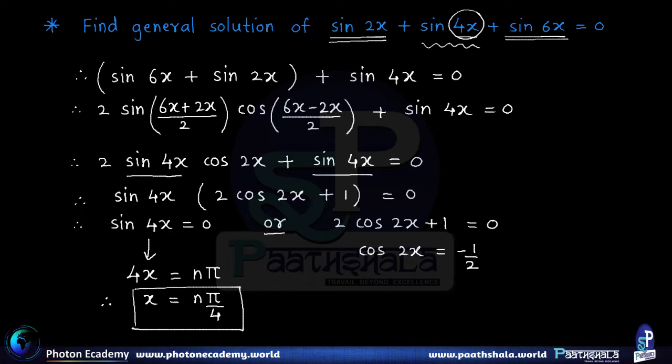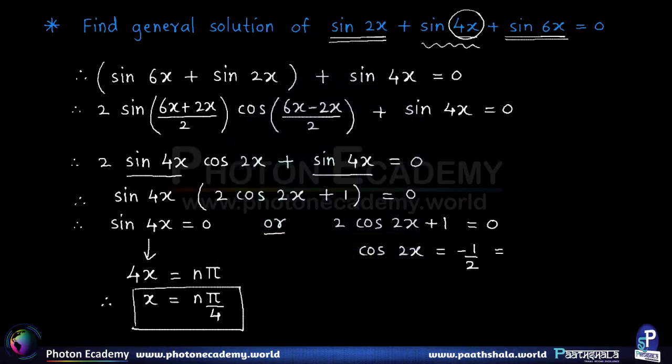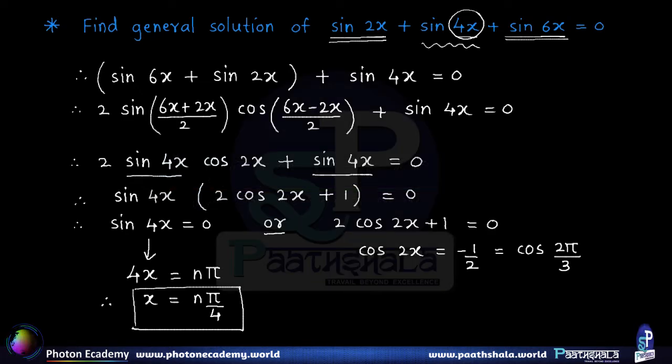Or the second possibility is, if you remember, it is cos 2x equal to cos alpha type of equation. So here we have to write down it is cos of which angle. Since cos is negative, it has to be some angle in the second quadrant, and that is nothing but 120 degrees, which is 2 pi by 3. So cos 2x equal to cos 2 pi by 3.